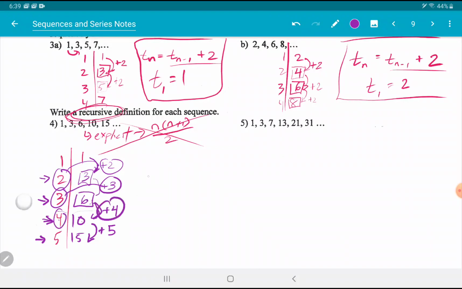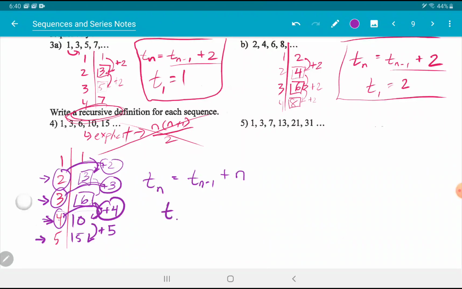If I'm at term n, I take my previous term, which is t sub n minus 1, and I add the n value. I'm adding this 4, this 3, this 2. You're adding wherever you want to find it, plus n.